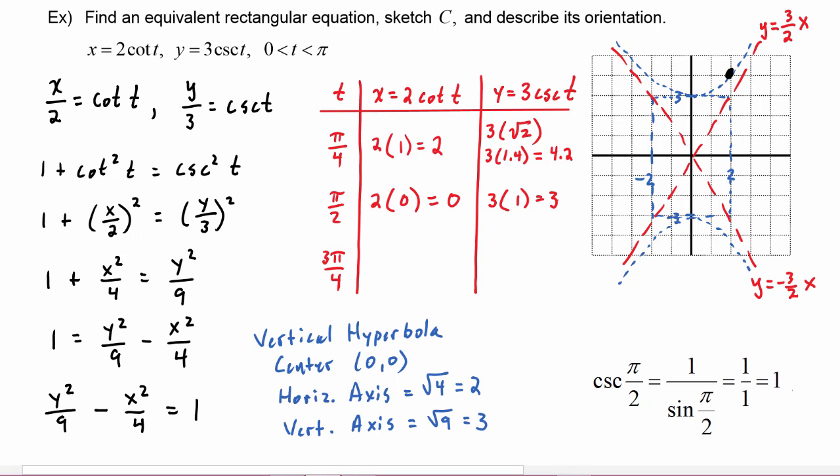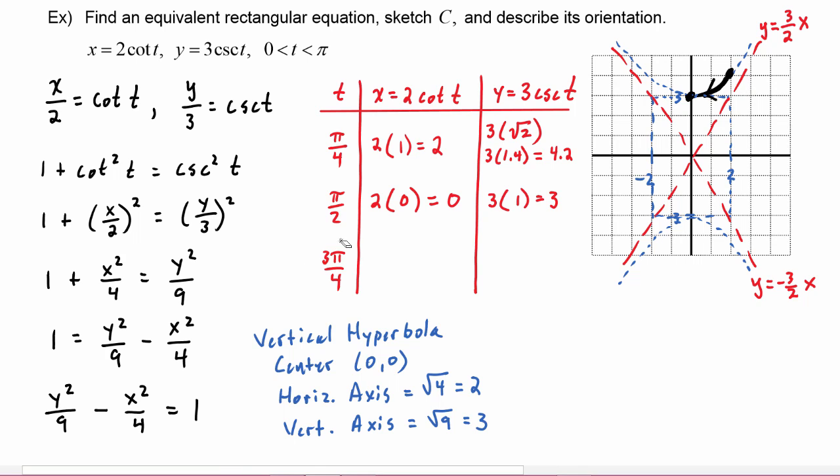So our y value is 3, and we know that the plane curve now travels to the point (0, 3), which is right here. So we know that it's going in this direction between those 2 points.